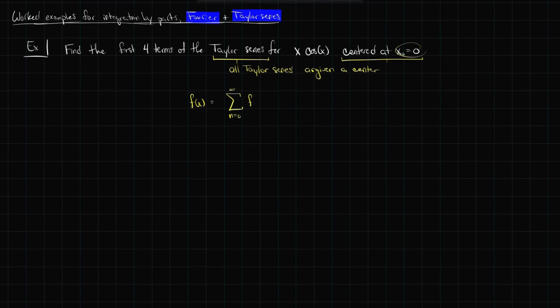And it's good for me to write this down again, just so none of you forget. When we're constructing these, they always look like this. But in particular, if x naught is 0, then we're actually computing the following. F, the nth derivative evaluated at 0, since that's where the 0 comes into play. And it also comes into play up here. So both of those get replaced by 0.